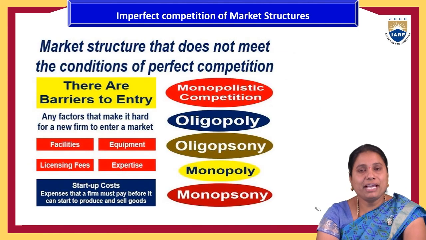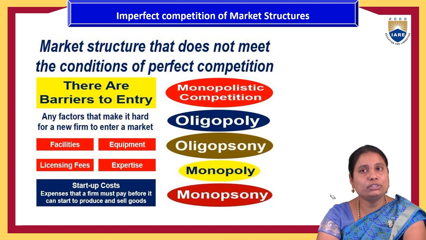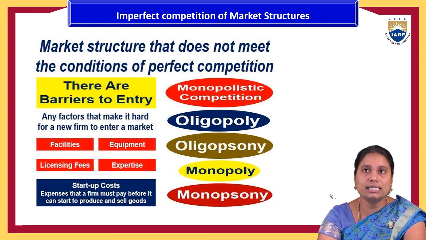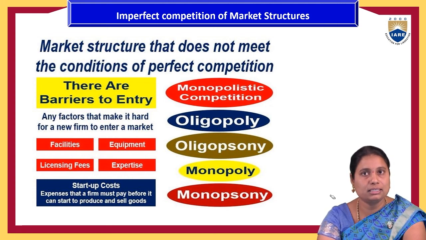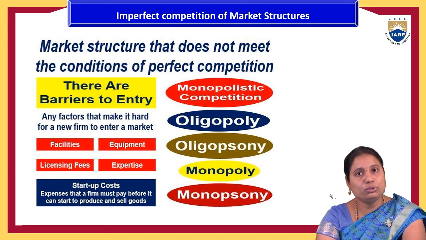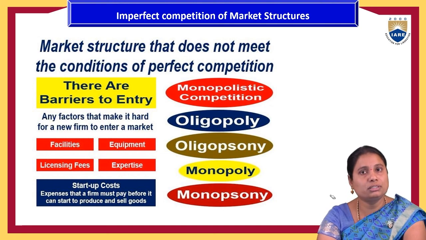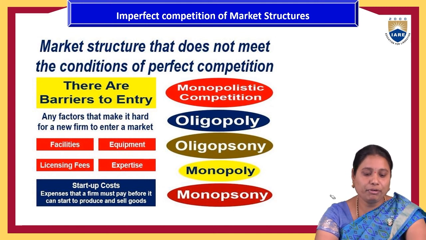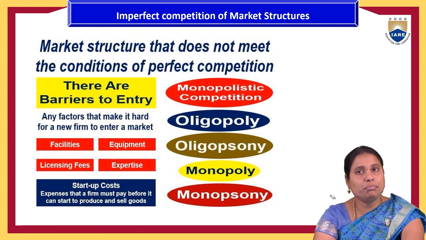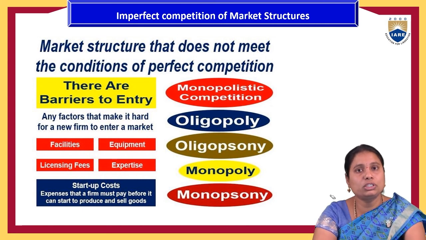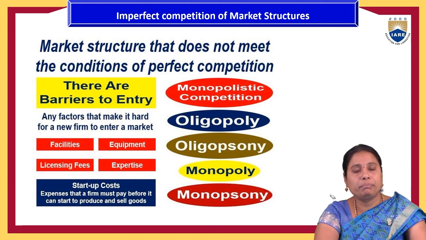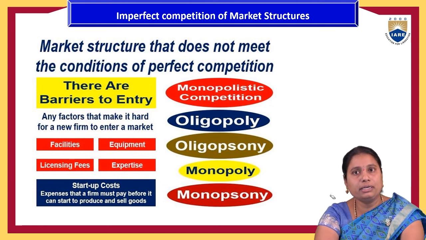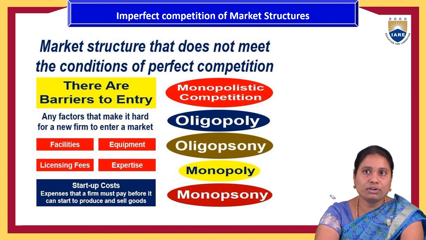In brief, imperfect competition market structures are market structures that do not meet the conditions of perfect competition. There are barriers to enter into those particular markets, such as new forms of entry for firms and their expertise, equipment, facilities, and licensing fees, which may add cost or additional barriers to entering that market, and startup costs will be more.